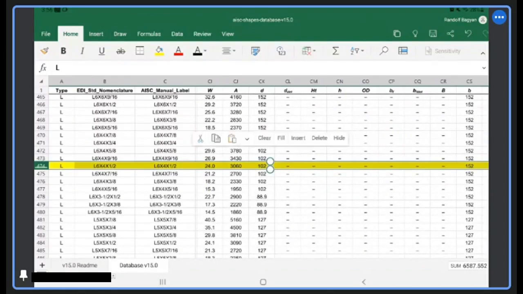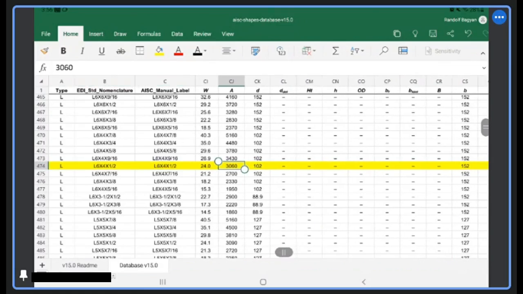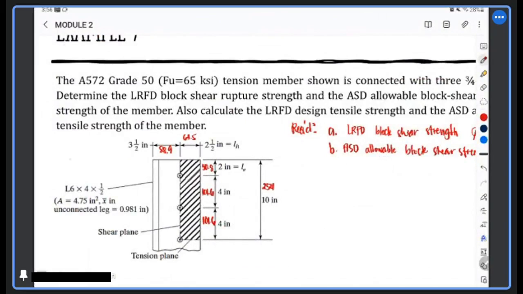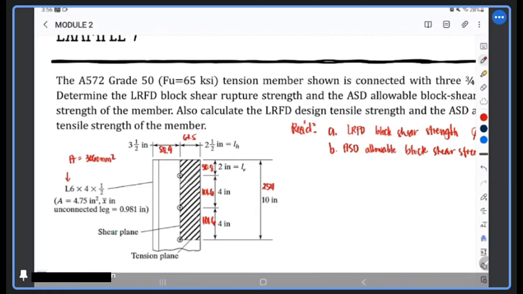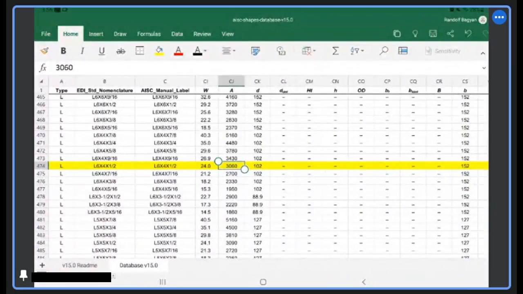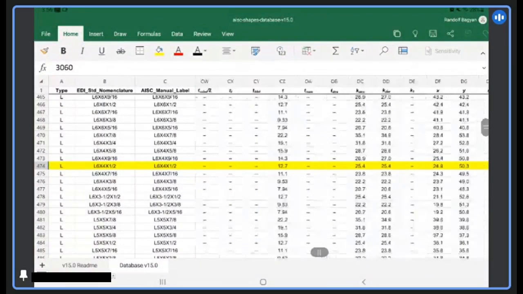Okay, so the area is 3,060 square millimeter. So area for L6 is 3,060 square millimeter, and X bar is 0.981. Go to X and Y's.